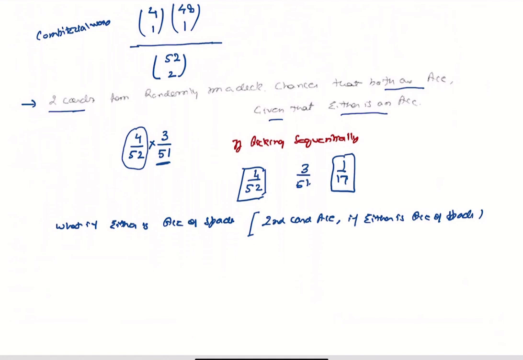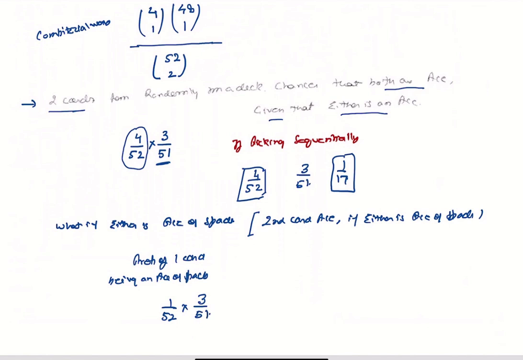Probability of one card being an ace of spade is just 1 out of 52, times the probability of the second card being an ace, which is going to be 3 out of 51 because one ace is already chosen.